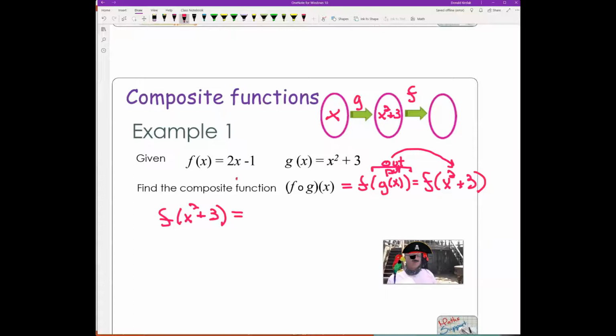Wherever I see an x, I'm going to replace it with x squared plus 3, because that's my new input. And then we simplify that, distribute.